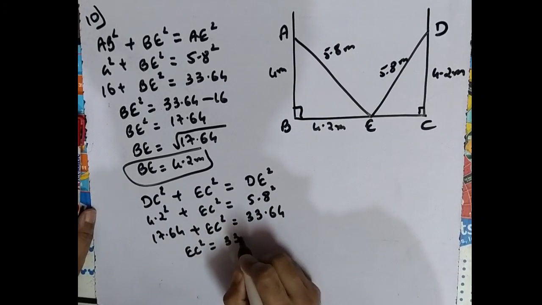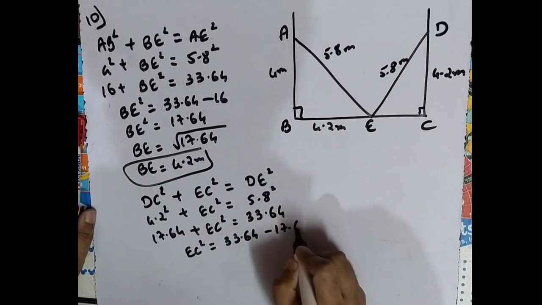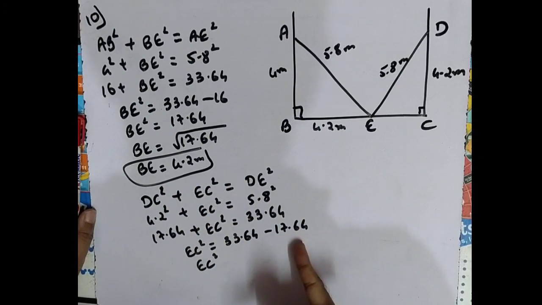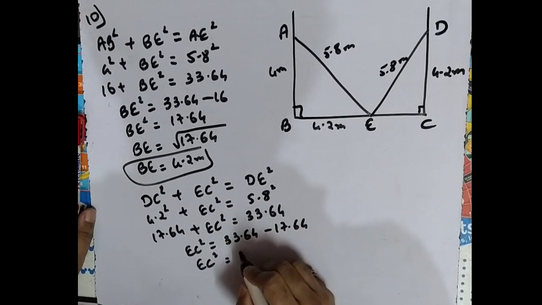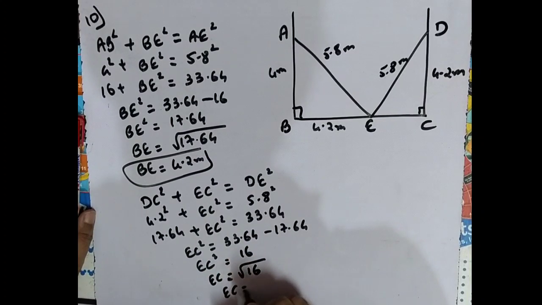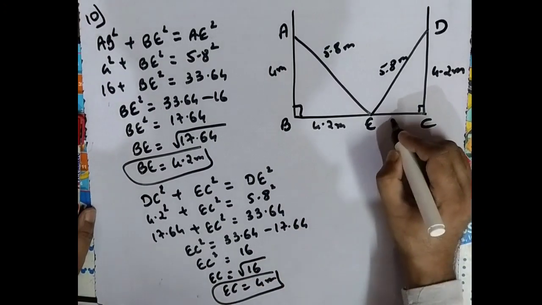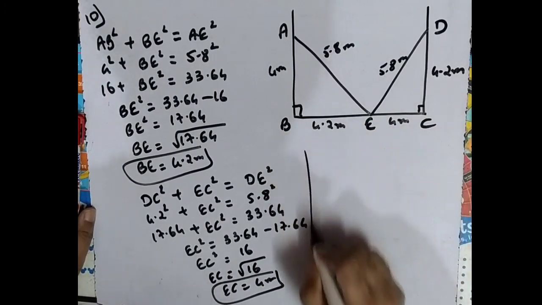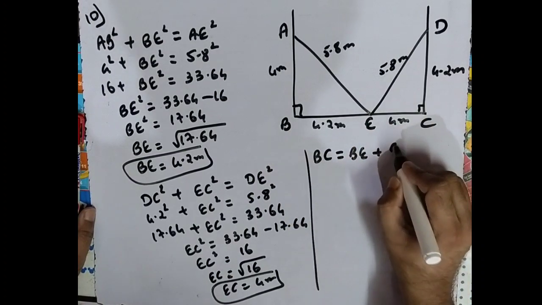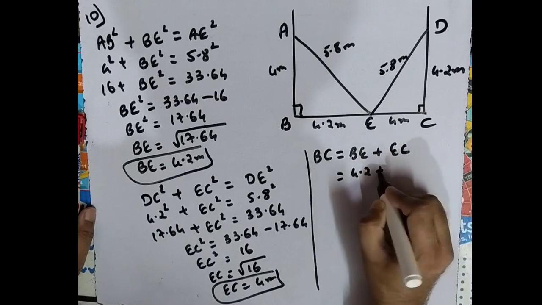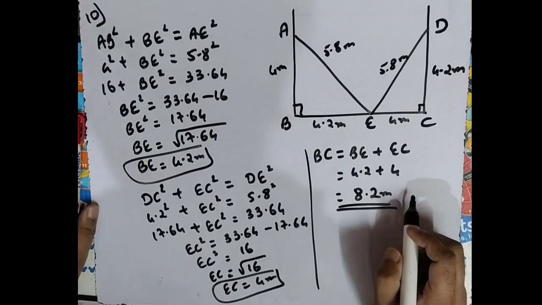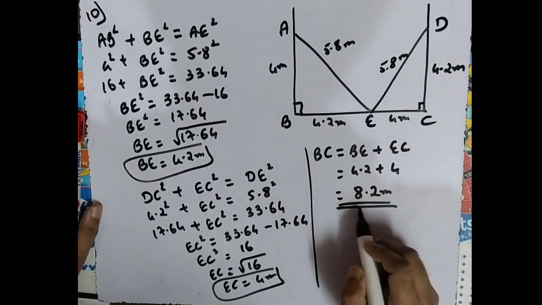EC square is equal to 33.64 minus 17.64. 17.64 will go on the other side, it will become minus. Subtracting both we get 16. EC is root 16, and therefore EC will become 4 meter. Now we have to find out length BC. BC is equal to BE plus EC, 4.2 plus 4, and that will become 8.2 meter. So the width of the street is 8.2 meter.